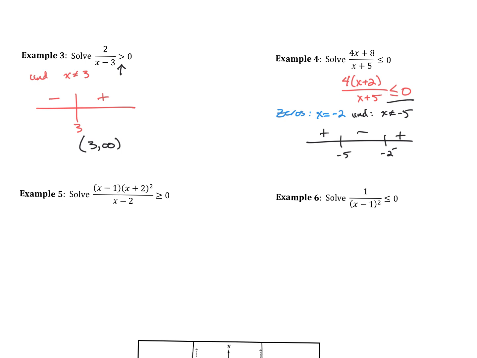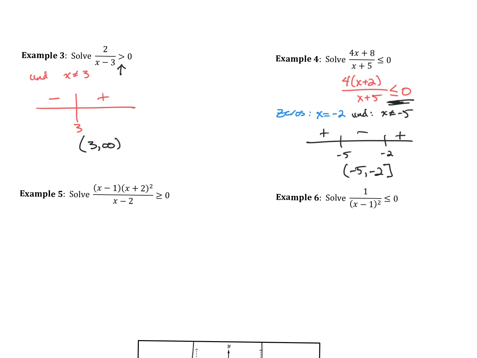I'm trying to find where it's less than or equal to 0. So what am I in between? -5 and -2. Can it include -5? No. Why not? It's undefined at -5. Can it include -2? Yes, because it's less than or equal to, and it is a 0, so that gets a bracket. Pretty good?